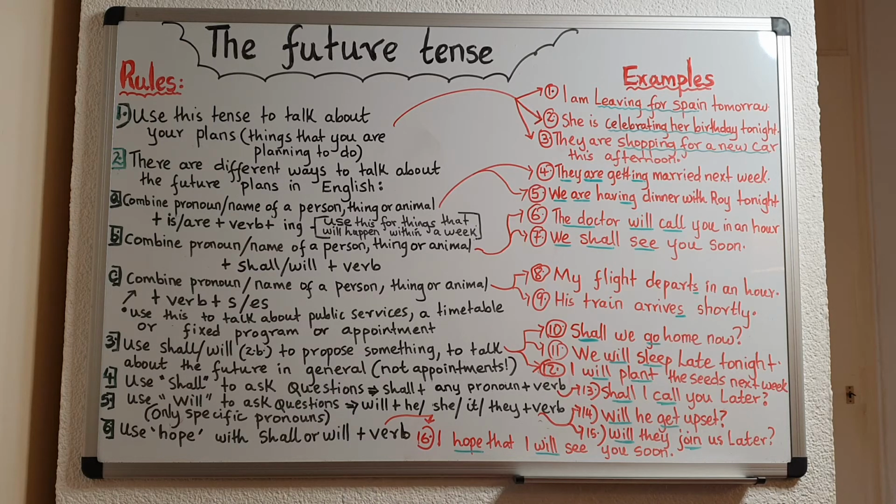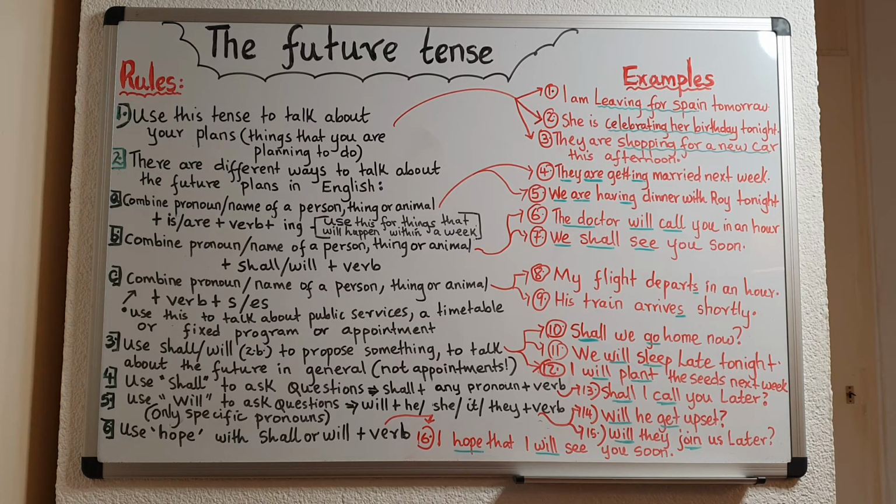Okay, so for rule number 2C, combine the pronoun or the name of a person or the name of a thing or the name of an animal, combine that to a verb and then add S or ES at the end of the verb.